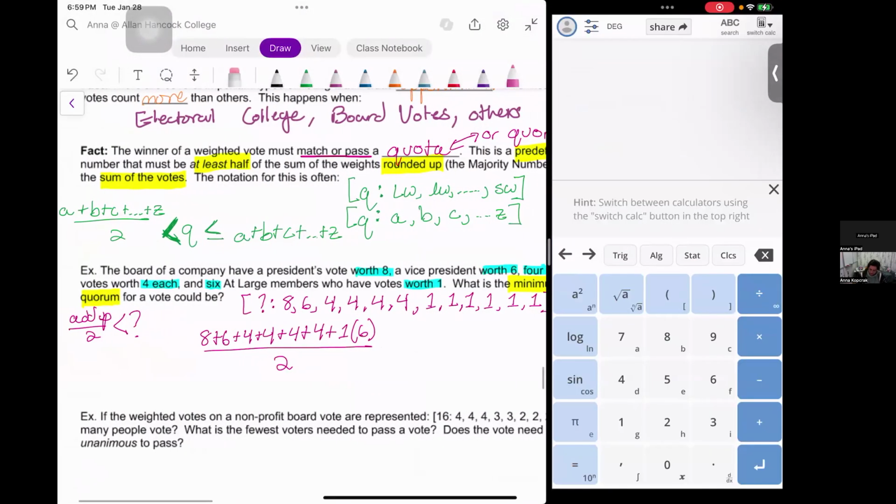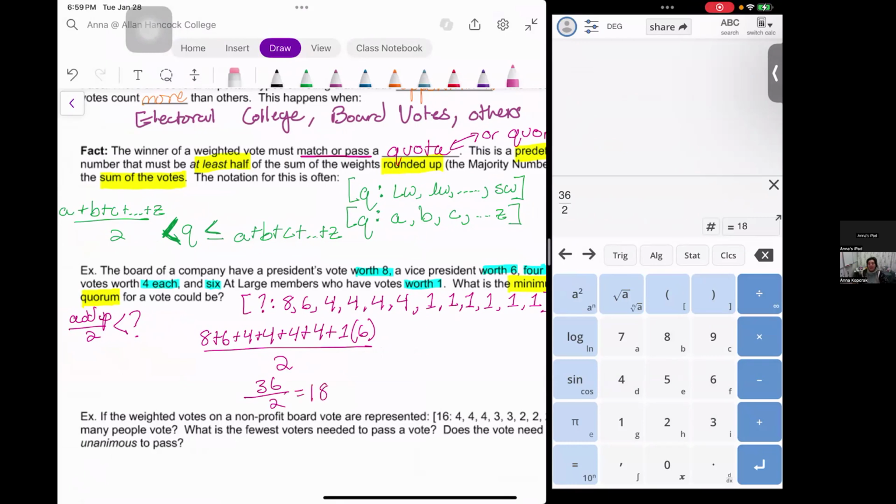Let's see what we're looking at. So we have 8 plus 6 plus 4 plus 4 plus 4 plus 4 plus 1 six times, right? And we get 36 divided by 2. All right. Now again, I can hit equals and I take 36 divided by 2 and we get 18.